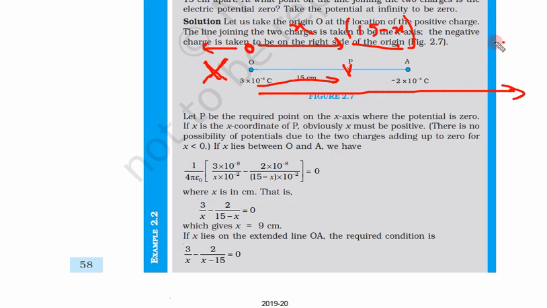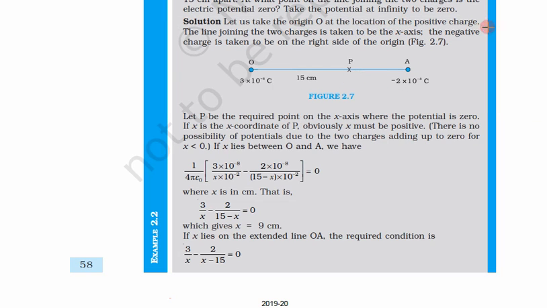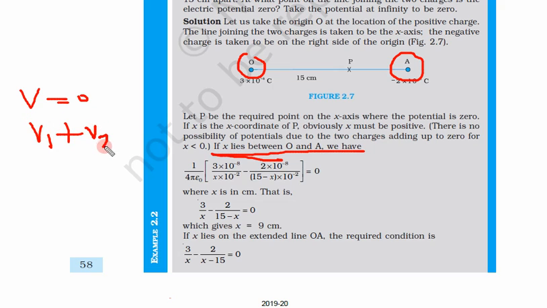So let us consider the first case, where the point lies between the two charges. If x lies between O and A, so this is O, this is A. So now the potential must be 0. So if potential is equal to 0, that means V1 plus V2 from superposition must be equal to 0.